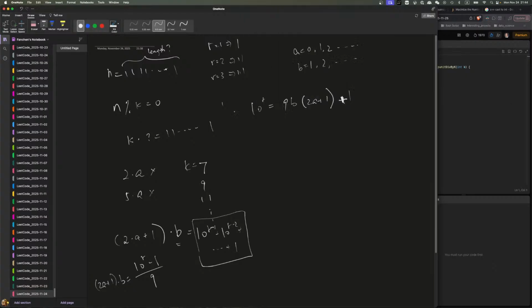We have k. So 2a plus 1, this I already have. This is k, right? This is a known value. So if it's 1, then we just try. If it's 2, we know it's not possible. If it's 3, so it's just 27b plus 1. Now we try 1, we try 2, we try 3.